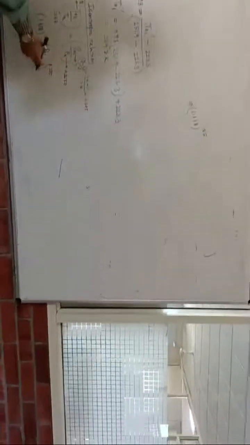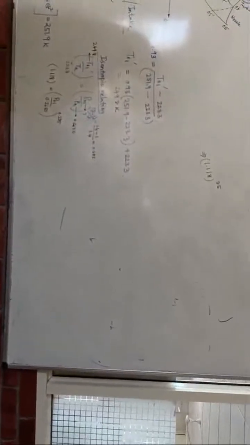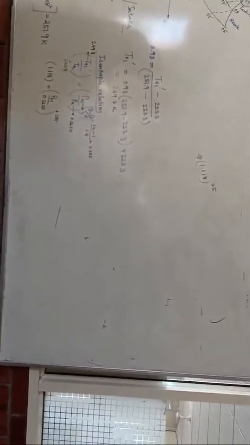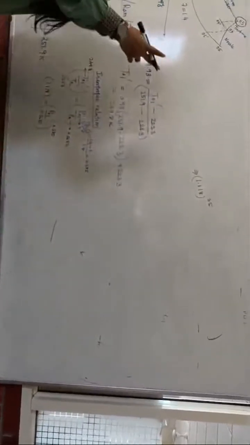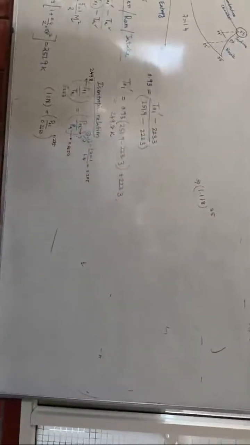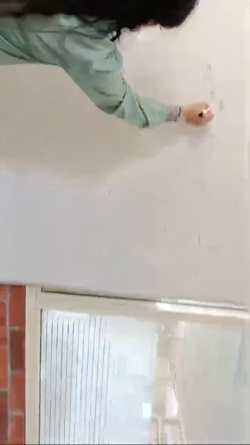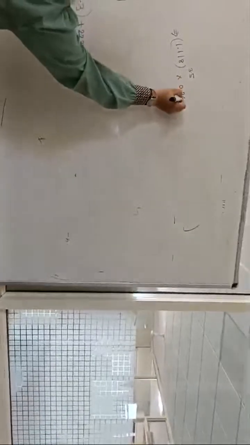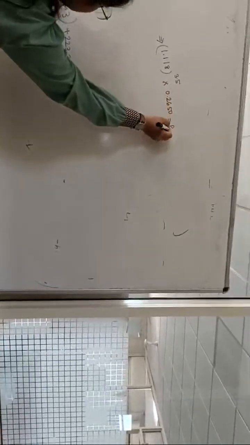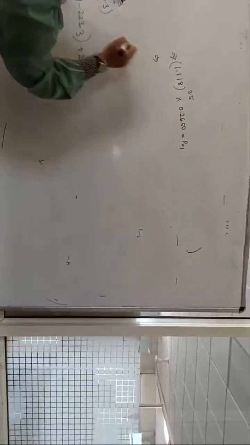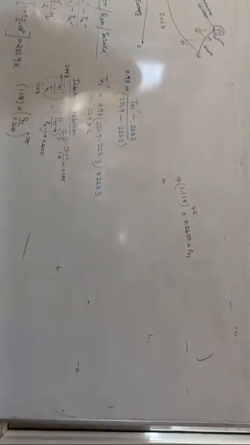So when I take the reciprocal, it will be, just see whether you are getting the same value or not, 3.5 times 0.2650 equals P01. Just tell me the answer for P01.